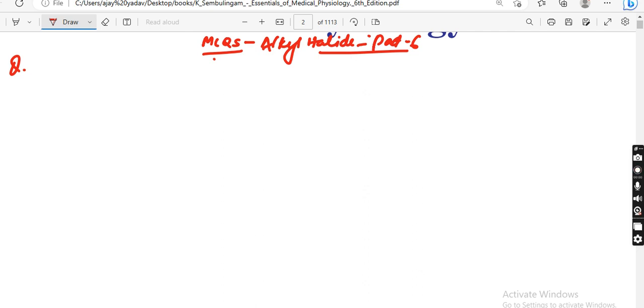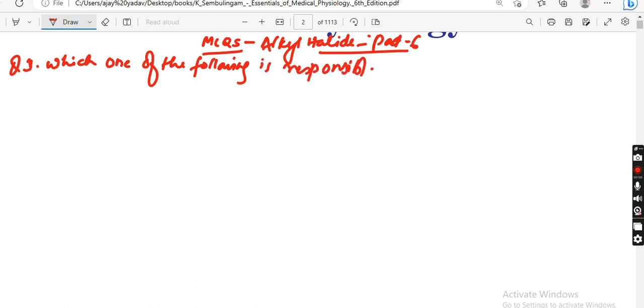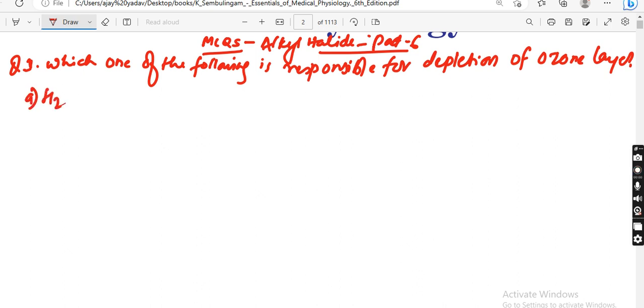Which one of the following is responsible for depletion of ozone layer? Option A is water, no. Carbon dioxide.